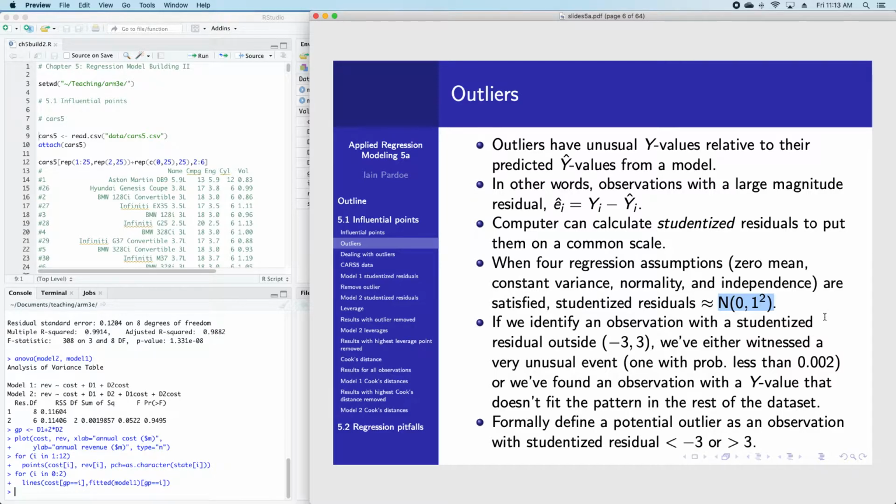The rationale for this comes from thinking about the normal distribution.